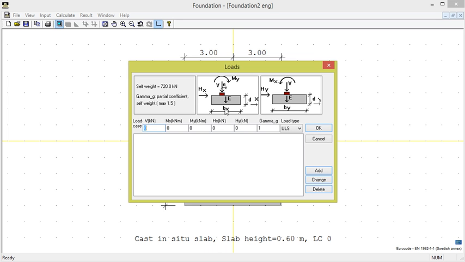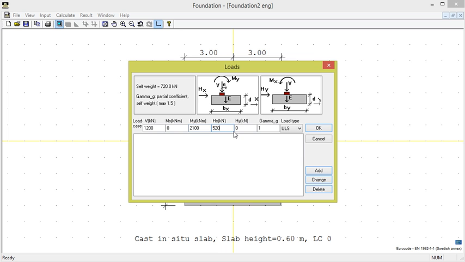We choose to define two ultimate limit load cases and one serviceability limit load case. The first has a vertical force 1200 kN, a moment about the y-axis my 2100 kN, a horizontal load hx 520 kN, which will also increase the moment around the y-axis.